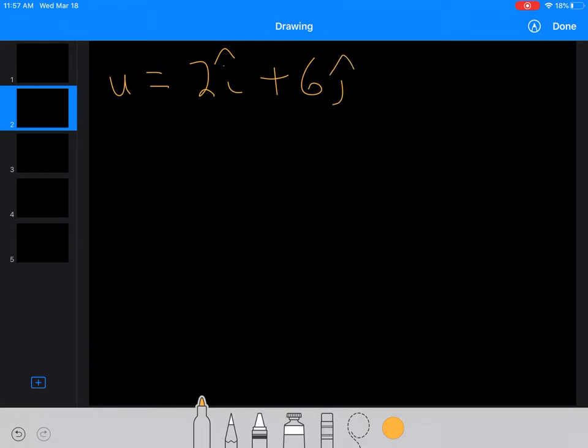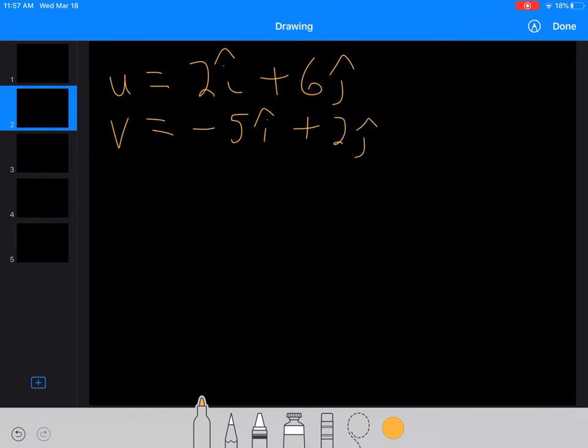I'm going to put a hat over that j. All right, so v is given to us as negative 5i plus 2j.